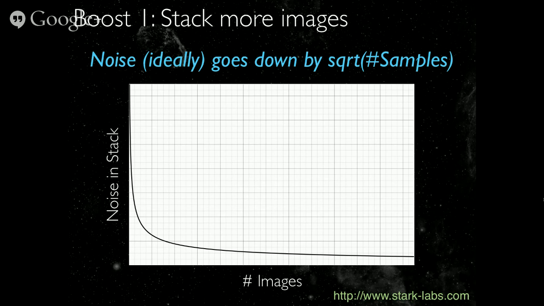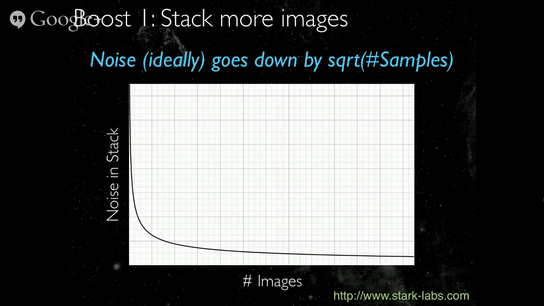And if we do this, we are then boosting up our signal. Of course, at the same time, we're also inducing noise. Each one of these has a noise component with it. But remember that signal goes up with each one you add in, and the noise goes up by the square root of that. So your noise relative to the signal is going down by a square root of the number of samples.